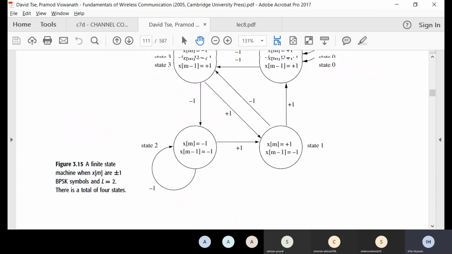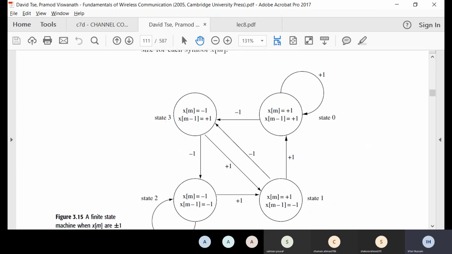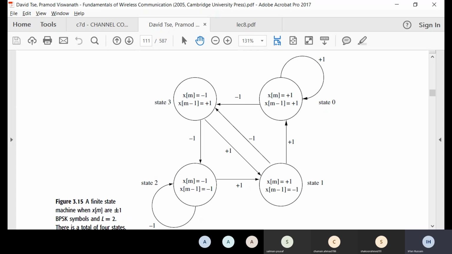So for example, if I had other symbols, not BPSK, let us say 4 PSK, we have four symbols, and L is equal to 2.